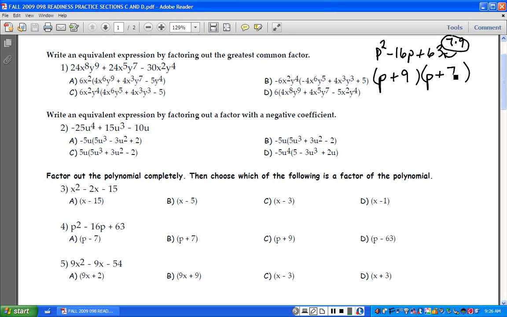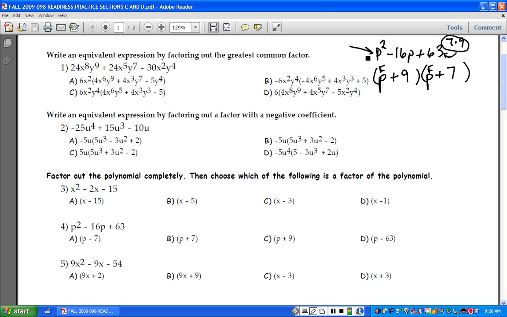Now pay attention here. I'm doing something intentionally, and I'll show you what I'm talking about in a second. Once again, our first in this parenthesis times our first in this parenthesis has to give us our first in our initial trinomial, and it does.